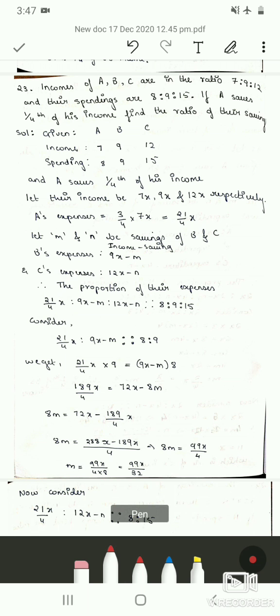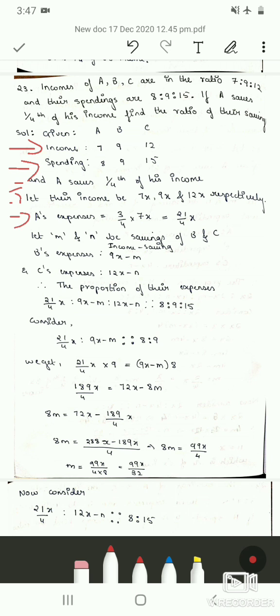So what they have given is the ratio of income of A, B and C, which is 7:9:12, and also the ratio of their expenditures, and they have given that A saves 1/4 of his income. So now let us take the income as 7x, 9x and 12x respectively.